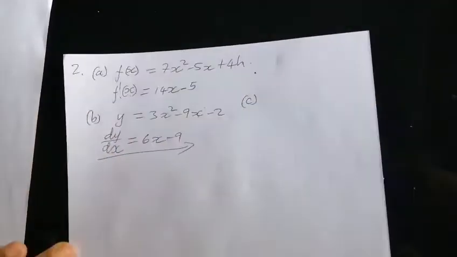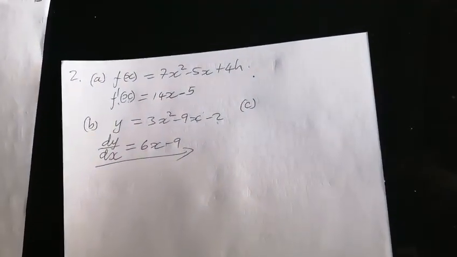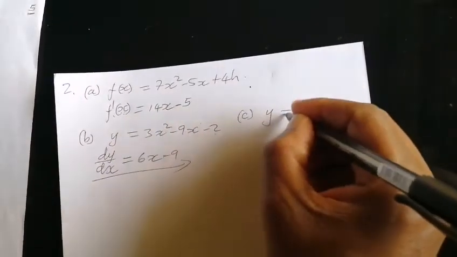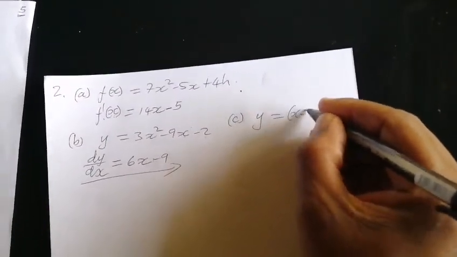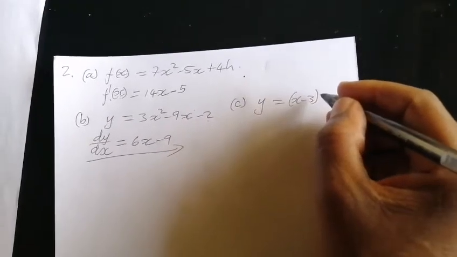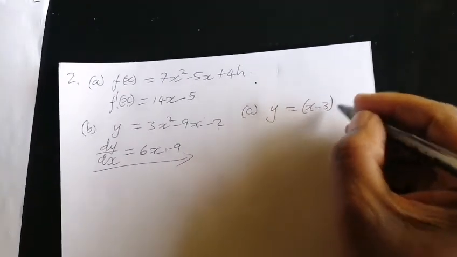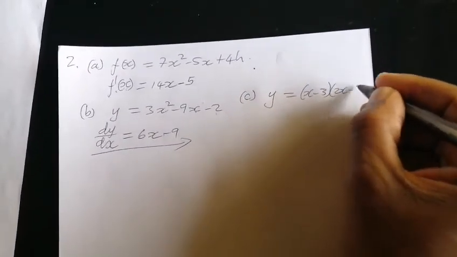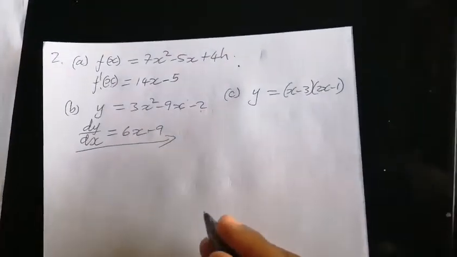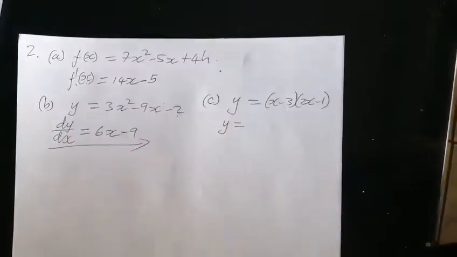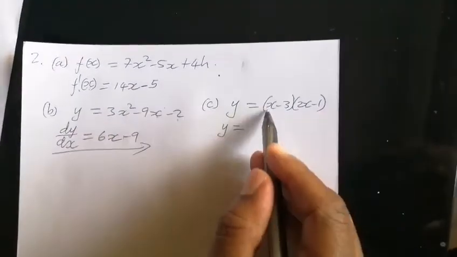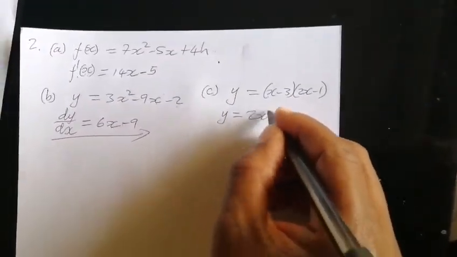Part C is saying y is equal to bracket x minus 3 into 2x minus 1. We want to find dy/dx, but first of all let us write this in a language that we understand. This times this we get 2x squared.